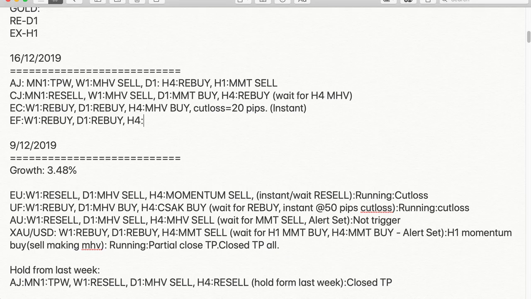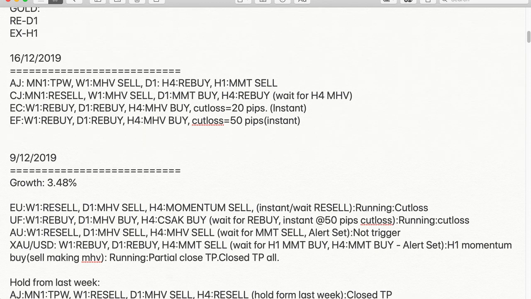Okay, this is MHV buy. Cut loss 50 pips. This is the most important thing. We need to know our risk when we enter. So we can instant this with a small lot size, so if we need to cut, it doesn't hurt our account that bad.